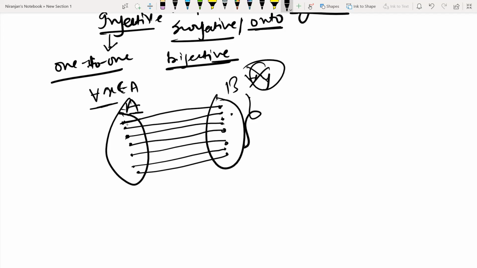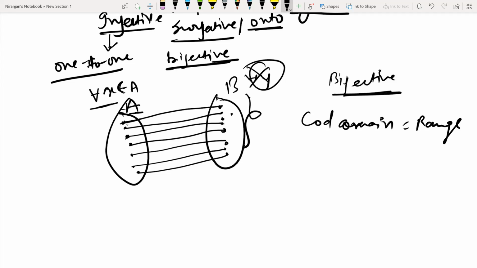This means that I'm not saying that this is bijective. When I say the definition of bijective, I apply that, that means that my codomain is also equal to range. Right now I'm not saying anything about codomain or about range. So the point is that each element of A only should be mapped to a particular element of B. That's the definition of injective.